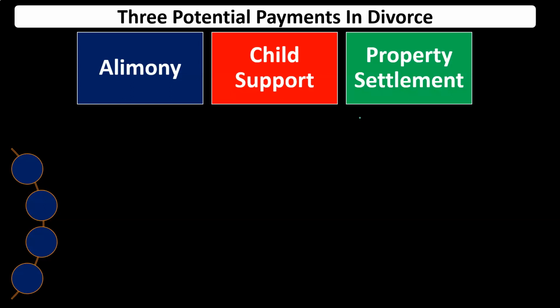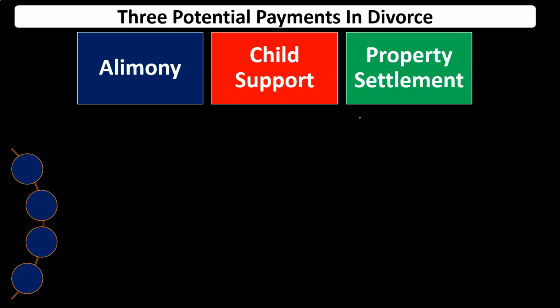From the IRS perspective, you're considering them once married as basically one entity for the most part. Then when it breaks up, you have the property settlement, which is the distribution of the assets and liabilities to the two spouses involved, and there shouldn't be a tax consequence on that because it's not income to one spouse or the other.